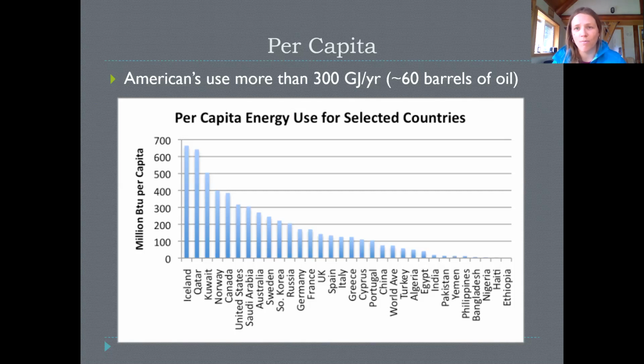And that is equivalent to about 60 barrels of oil per person per year that we're using in the United States. So if you've ever paid attention to energy markets, it's all about barrels, what's the price per barrel, how many barrels are being produced. And so about 60 barrels are required to feed your energy needs.